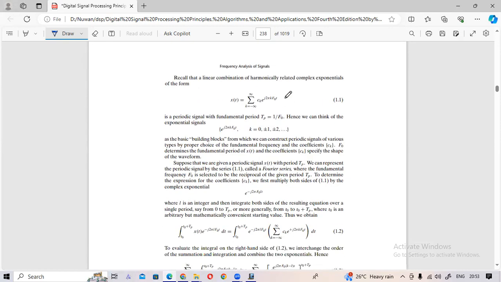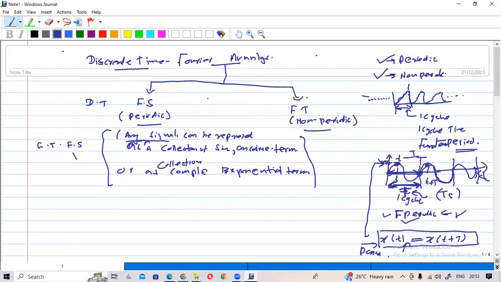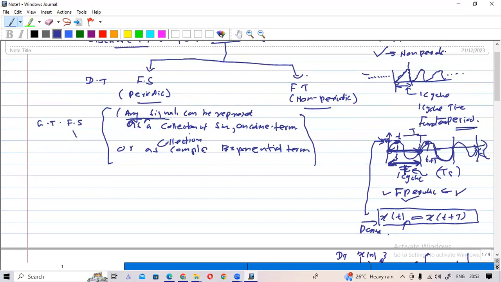I told you that in Fourier series, any signal can be represented as a collection of sine and cosine terms.